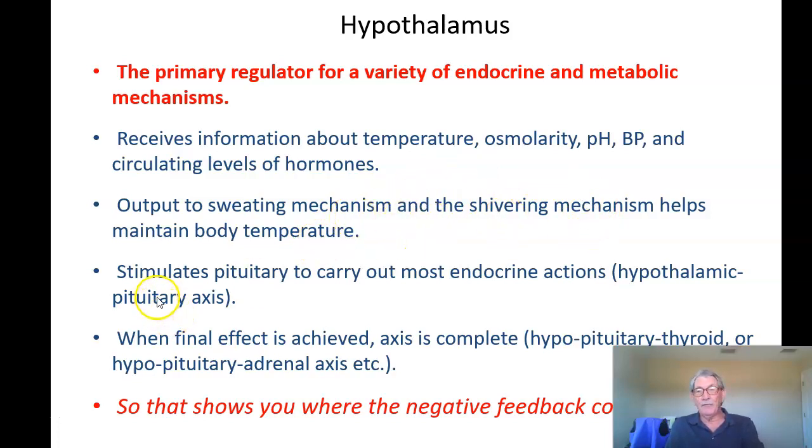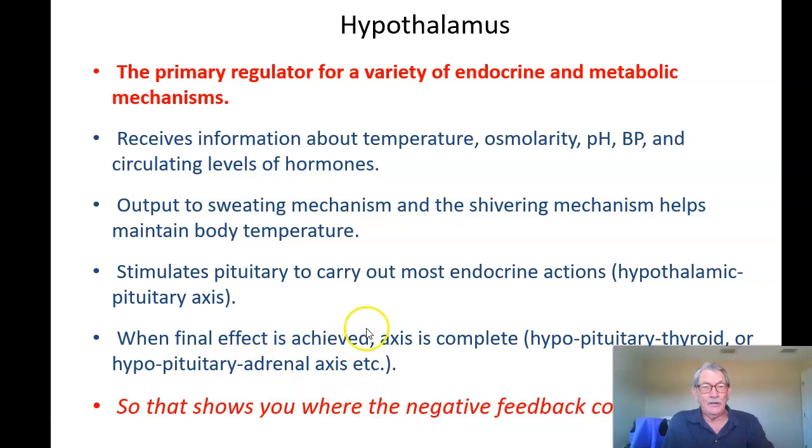But the main thing for this section is we're talking about how it will stimulate the pituitary to send out the hormones directly into the general bloodstream to go bind with the thyroid gland or the pancreas or someplace, wherever it's going.